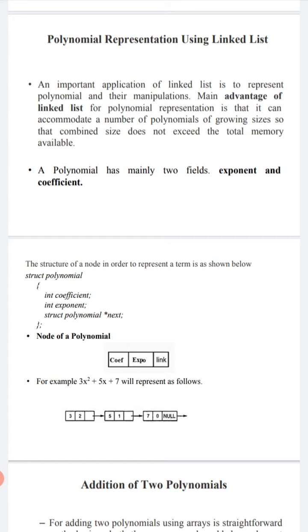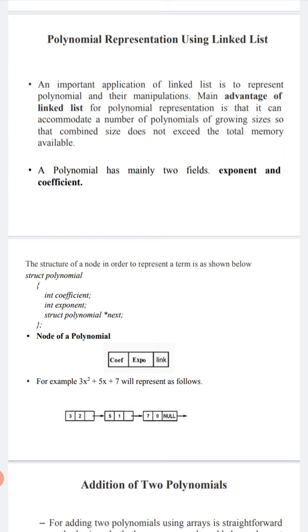It has three fields, because each polynomial term has an exponent and a coefficient. The first field is the coefficient, the second field the exponent, then the third field the link, because in a linked list the link field is a must. Only then can one node link with another node. Each and every node has the link field that holds the address of the next node.